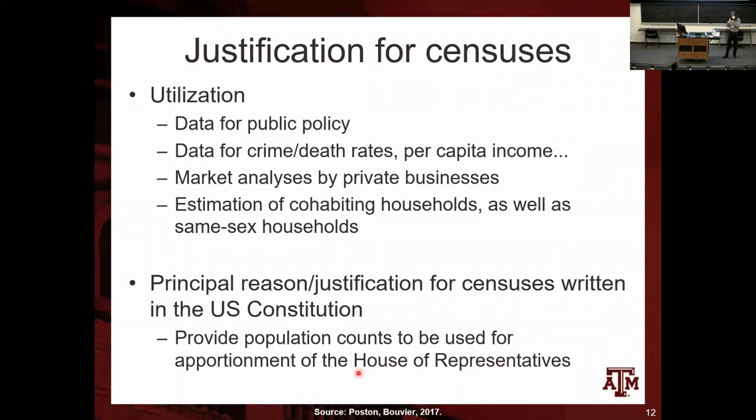So there is a lot of debate about that in the media, and we will discuss it in the next slides. But overall, the reason why we have the census in the US, the formal reason written in the Constitution, is that the number of representatives in the House from each state will be based on the size of the population of each state.